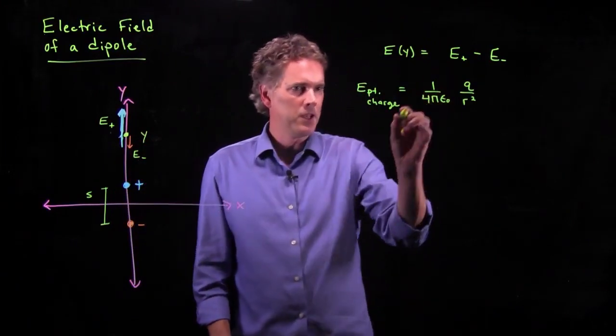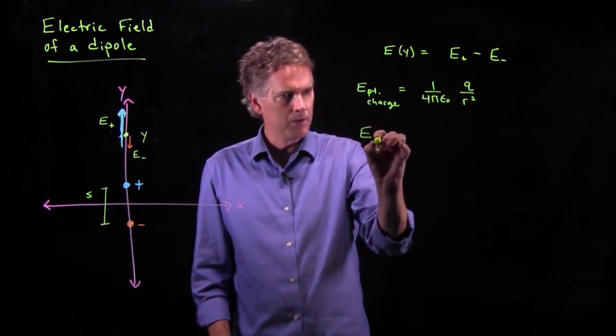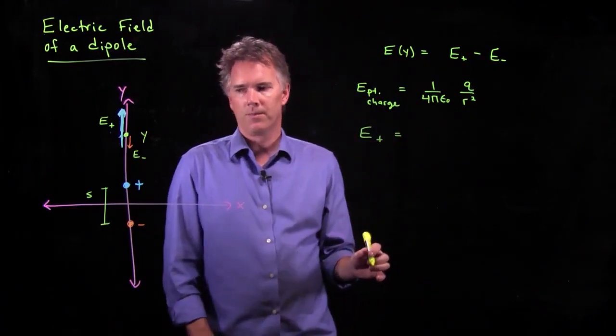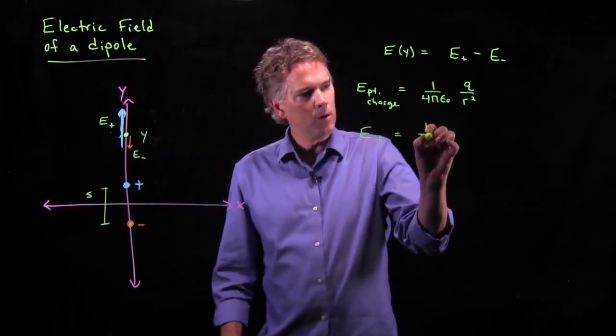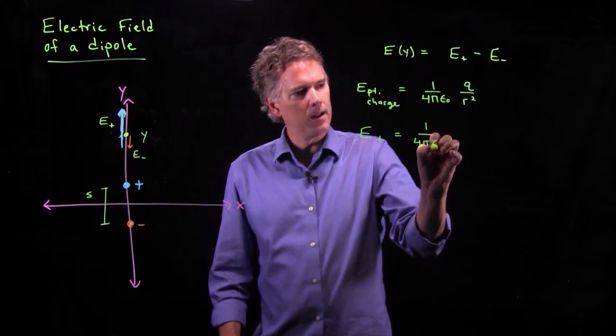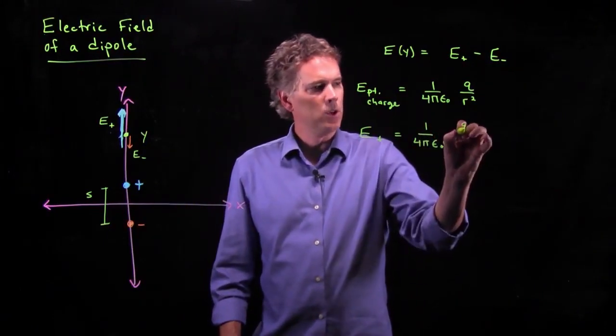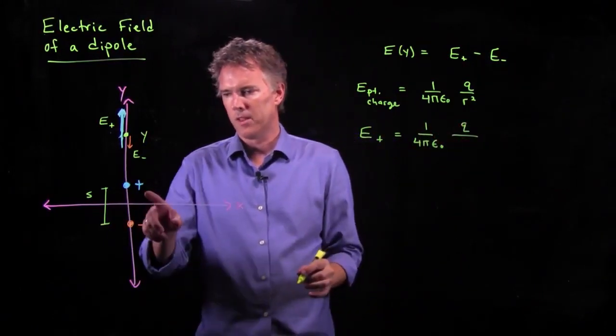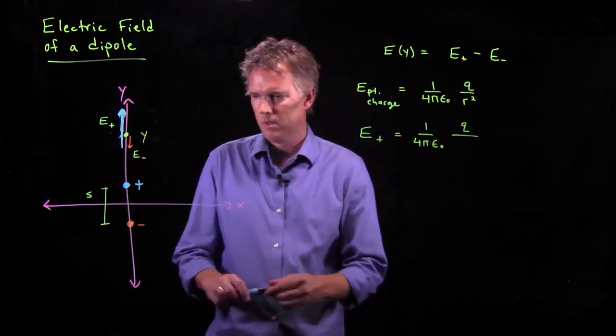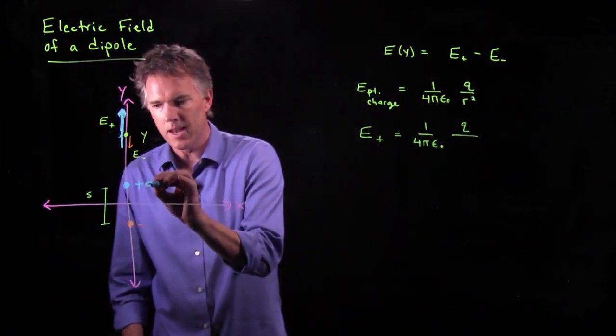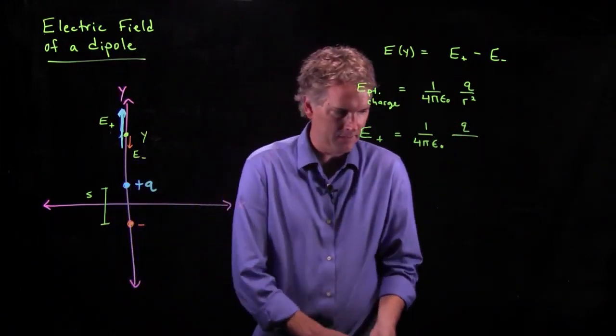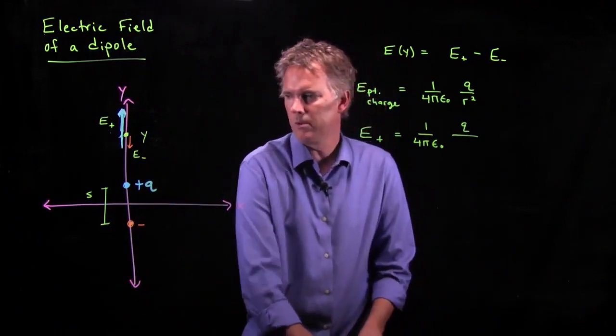So in this case, for E plus, what do we get? We get 1 over 4 pi epsilon naught. We have a Q. We're going to say that this one is positive Q, and the other one is negative Q. We'll say they have the exact same value, just to make it really, really simple.